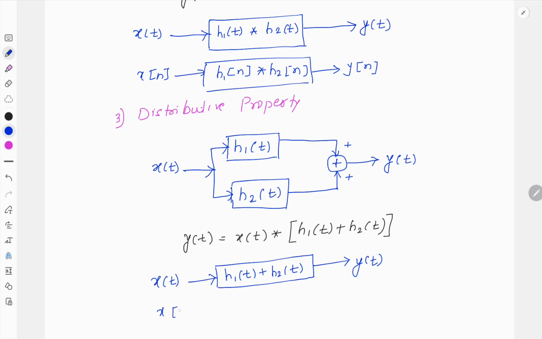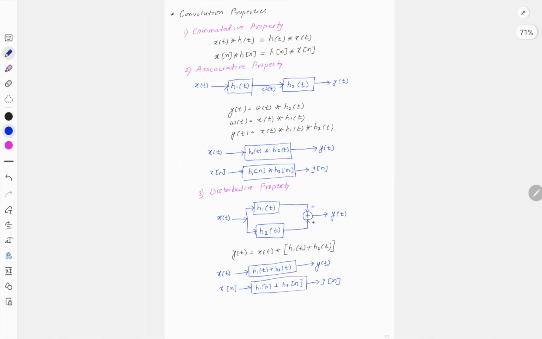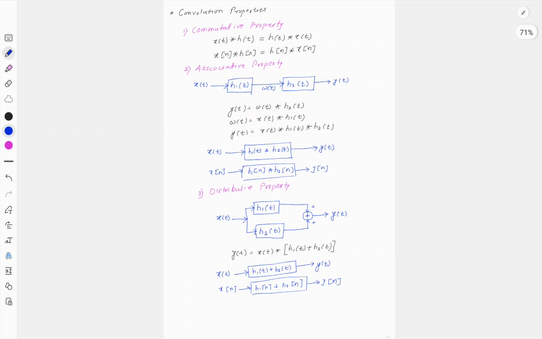Similarly, we can have input x of n applied to a system with h1 of n plus h2 of n, and the output will be y of n. So these are the three important properties of convolution: commutative, associative, and distributive.